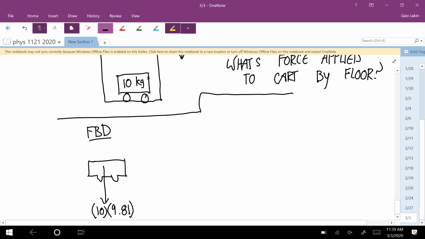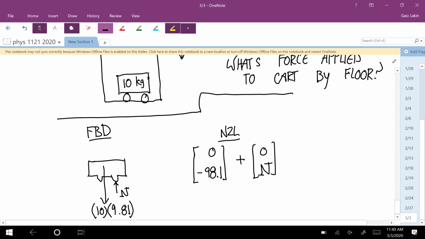And the only other force, the only place where the surroundings make contact with the boundary is at the wheels, so I'll call that N. And then Newton's second law says, this weight force comes out to be negative 98.1, plus N, is equal to the mass of the thing we isolated times the acceleration of the thing we isolated, which, like I said, is simple in this problem. It's just using the -1 from the problem.